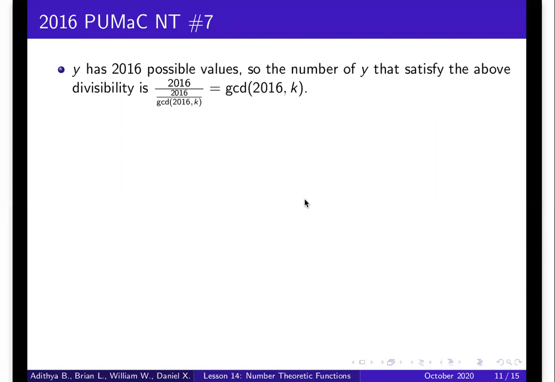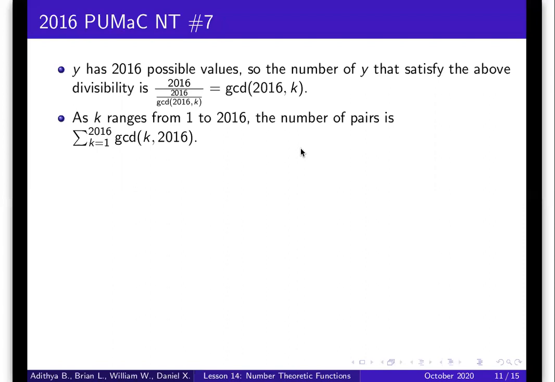So now we just have to count pairs of k and y. And as k goes from 1 to 2016, the number of values of y for each value of k is the GCD of k and 2016. So if we add this all up, the number of pairs has to be the sum from k equals 1 to 2016 of the GCD of k and 2016.